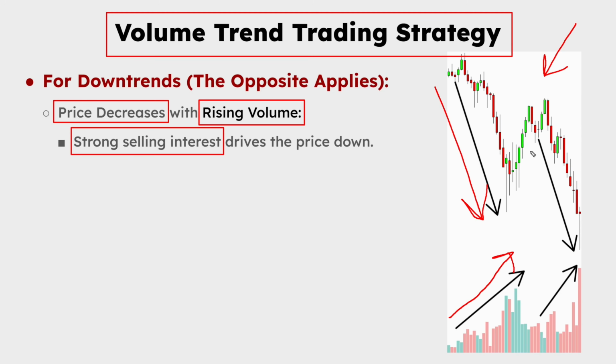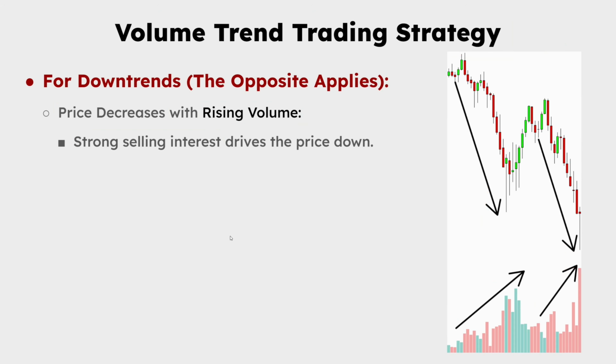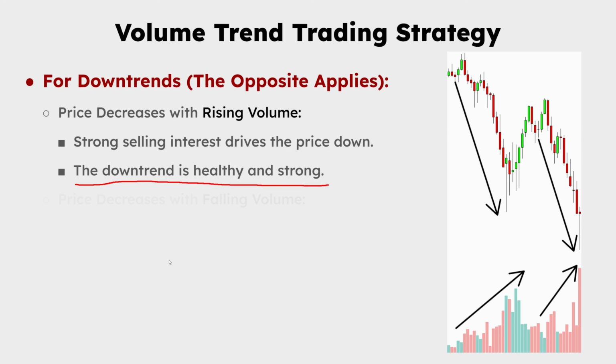Once again, during the next impulse move to the downside, you can see a strong surge in the volume, meaning that once again, many sellers are supporting the move. So that is definitely a bearish sign and an indication that this is a strong downtrend. Price decreases with rising volume indicates that the downtrend is healthy and strong.